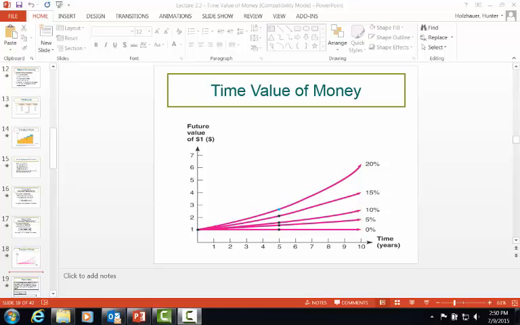So this allows you to see that both time and the rate of return will have a significant impact on the future value of an investment. Here we're looking at just $1, and you can see that if that interest rate is 0%, then over time nothing's going to change. But if it's anything above 0%, it's going to steadily go up.